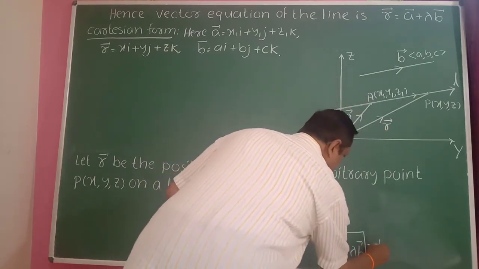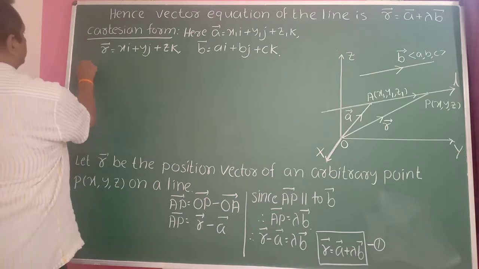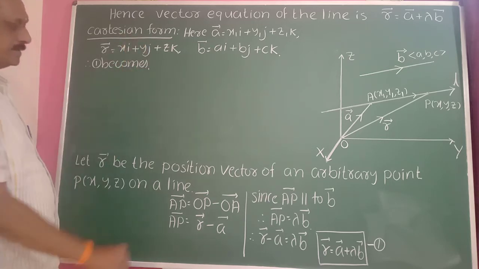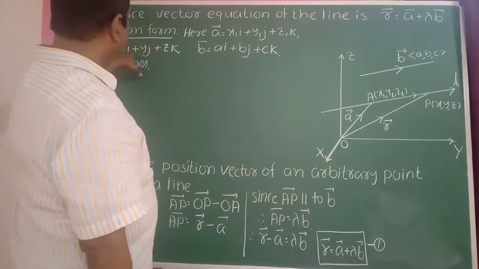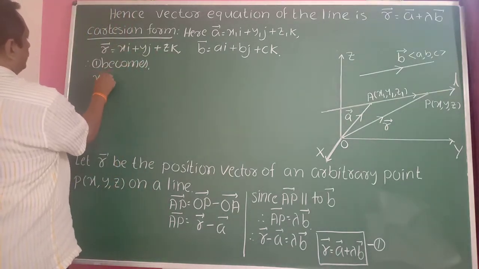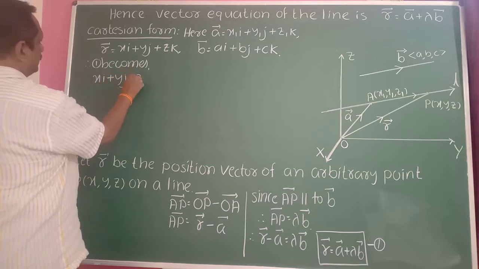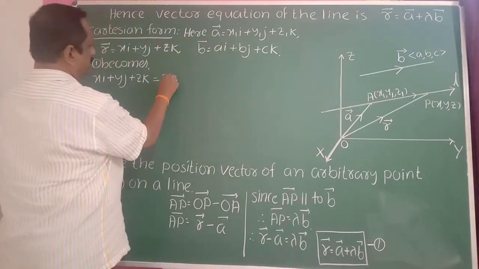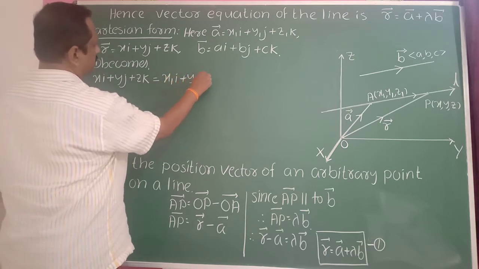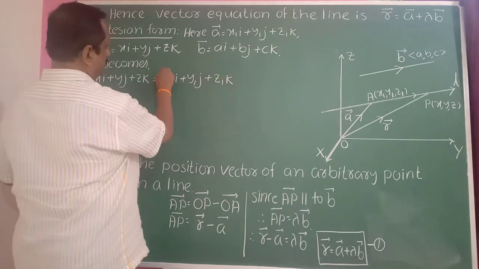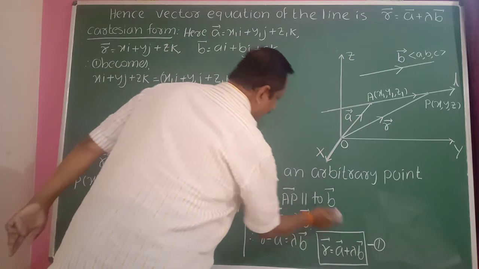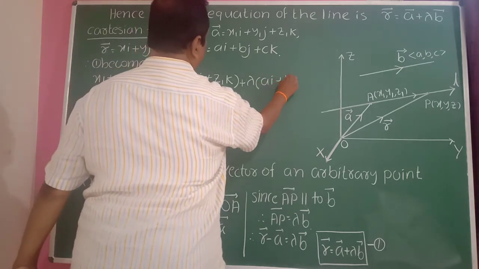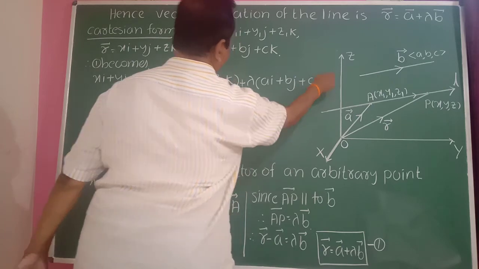Take this one as equation number 1. Therefore, equation 1 becomes r bar is equal to x i plus y j plus z k, that is equal to a bar, which is x1 i plus y1 j plus z1 k in the bracket, plus lambda into the vector b bar, which is a i plus b j plus c k.